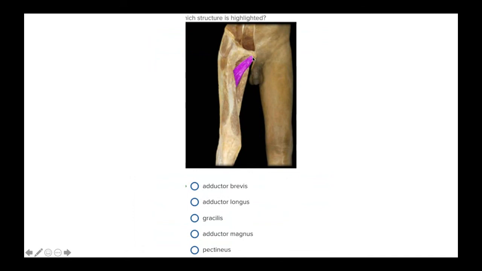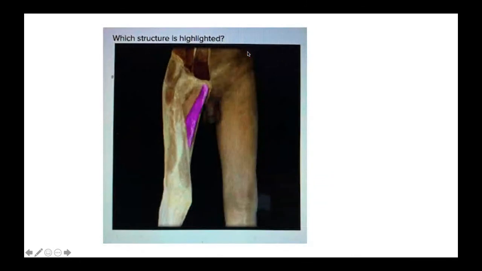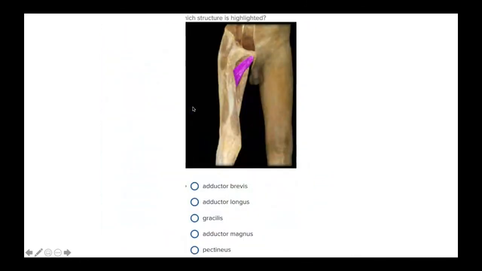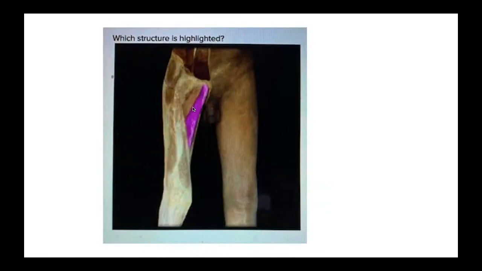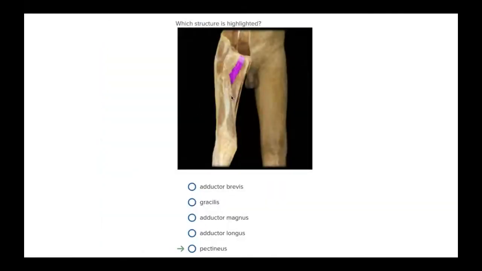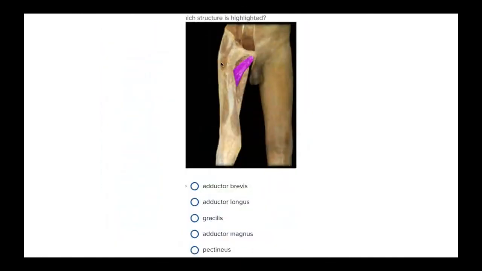And that's important because there's another muscle called the pectineus that looks like the brevis, but it originates higher up on that pubic bone. So here's the adductor longus, and again, there's the adductor brevis, adductor longus, and now this one is the pectineus, right? If you look at the difference, this one originates high up on the pubic bone, whereas these are more midline, right? That's adductor brevis for sure.